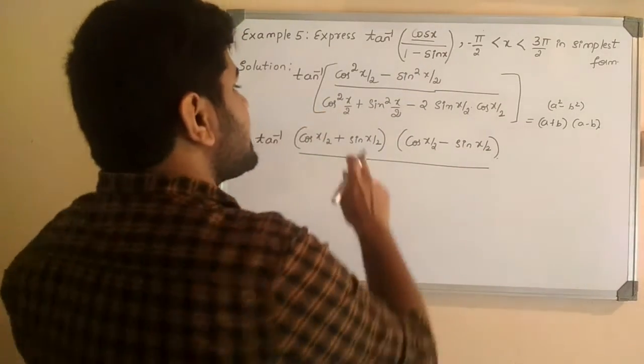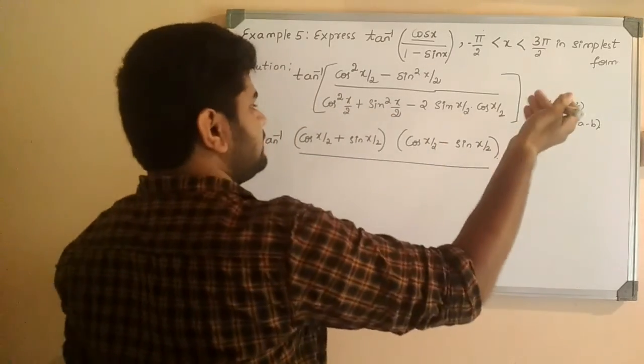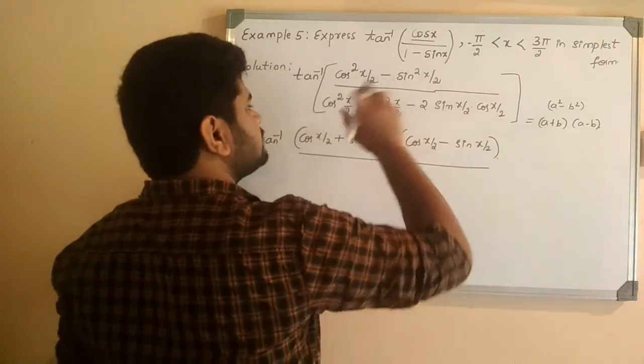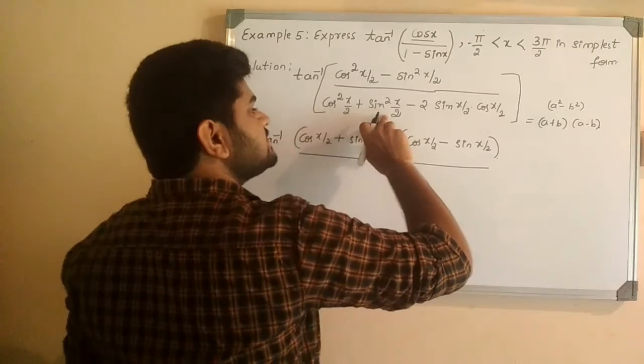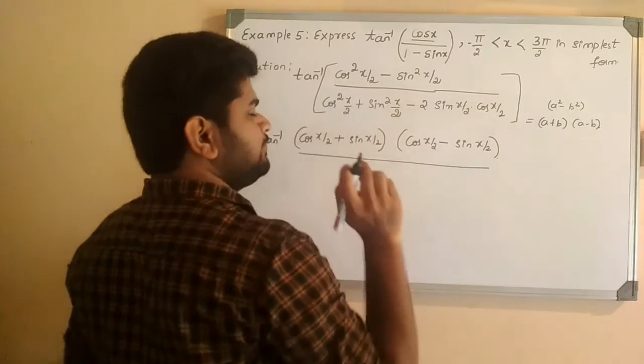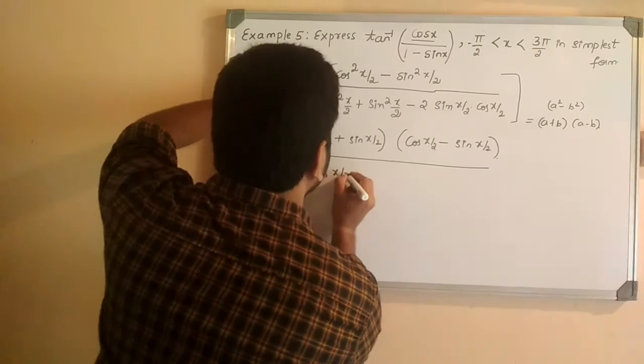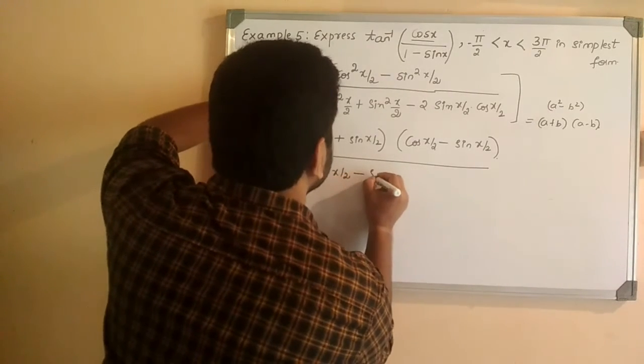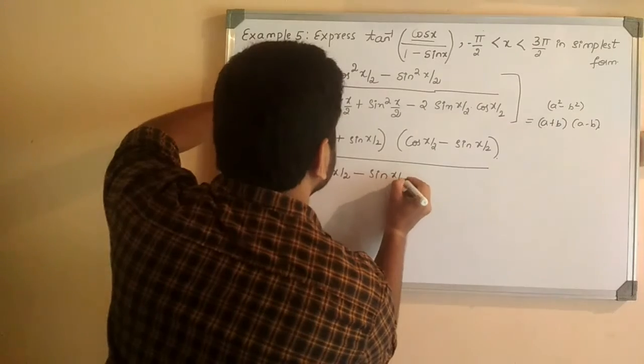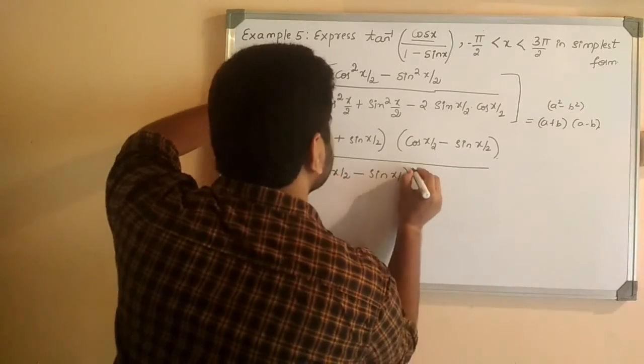Here it is in a minus b whole square formula. A minus b whole square is equal to a square plus b square minus 2ab. So here it will be cos x by 2 minus sin x by 2 the whole square.